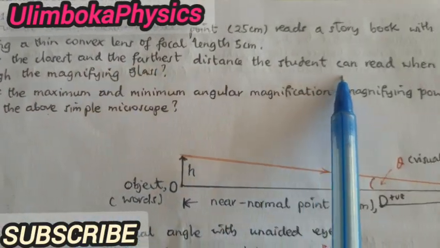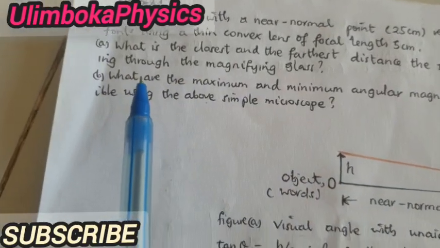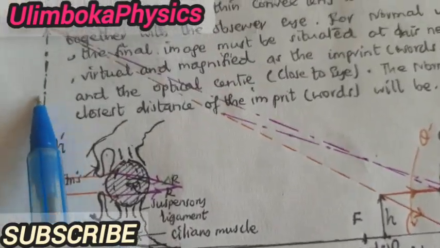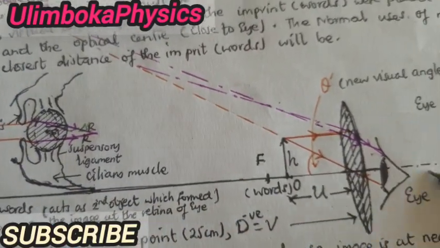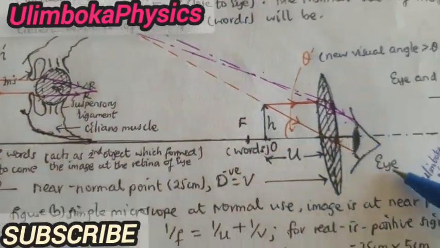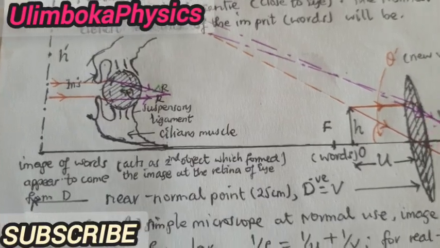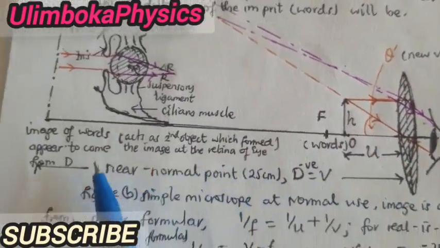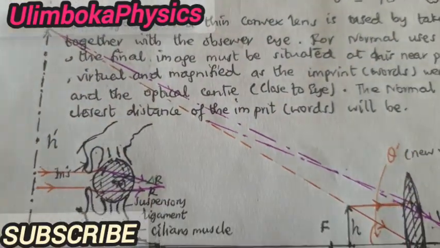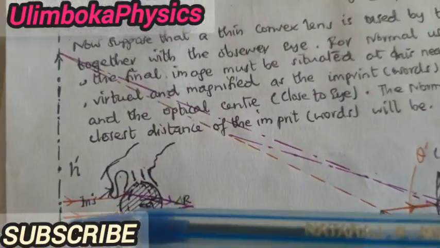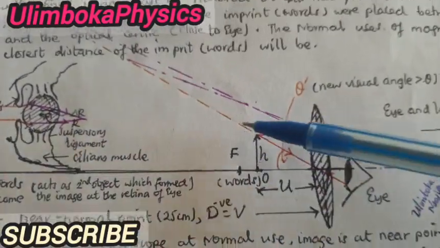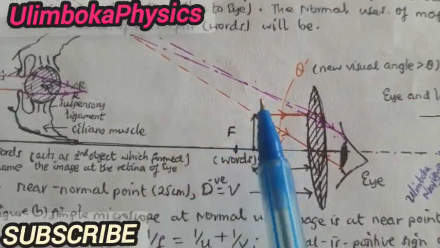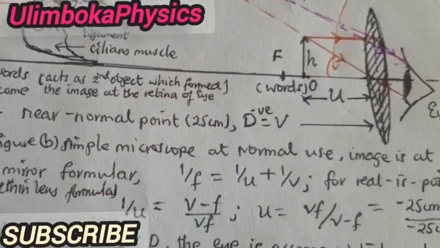Therefore, we are asked to find this closest distance, as in our question: the closest distance at which the student can read when viewing through the magnifying glass. Remember, this image will act as a second object, which will be clearly focused by the human eyes with no difficulty, because now the words will appear very large compared to their original size.